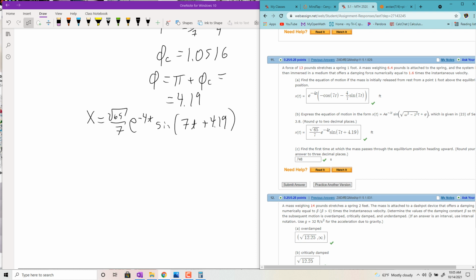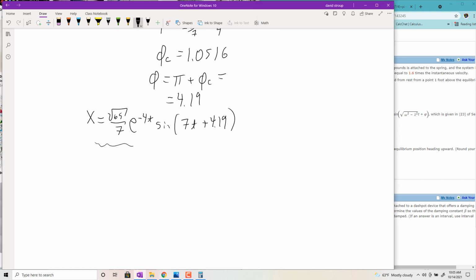So you need the second time it goes through the equilibrium for the answer. So what you've got to do is set this equation equal to 0. So 0 equals square root 65/7 e to the -4t sine of 7t plus 4.19.